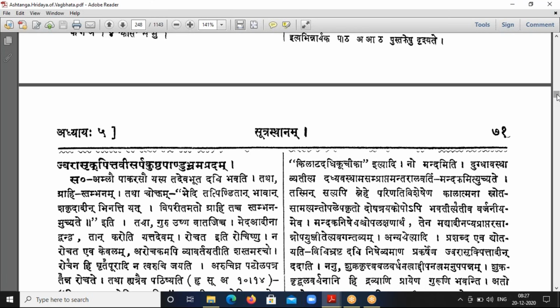So here it is warned that it can cause jara, asrit pitta, visarpa, kushta, pandvamaya pradam.